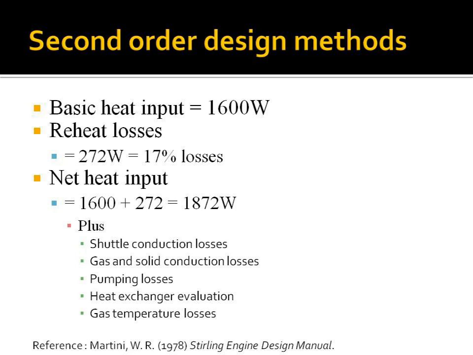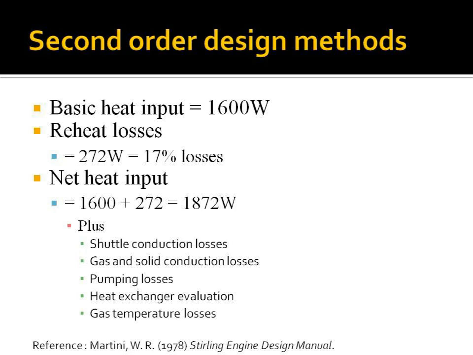However, the pressure isn't constant within the engine. Heat exchanger evaluation will determine the efficiency of the high temperature source and low temperature source, and gas temperature losses as well. The gas temperature will not be as calculated at the 750 Kelvin and 293 Kelvin at the lower temperature source.